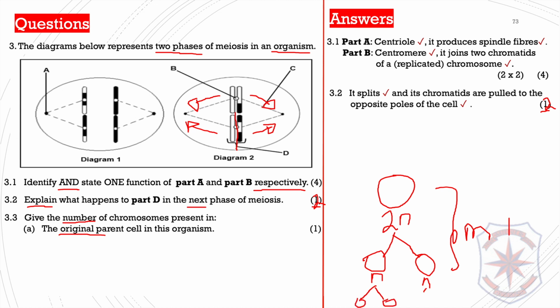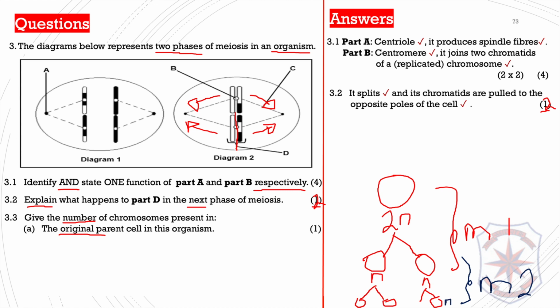At the end, we are going to have 4 daughter cells. Okay? Now, that would be meiosis 2. And these 4 daughter cells are haploid each.